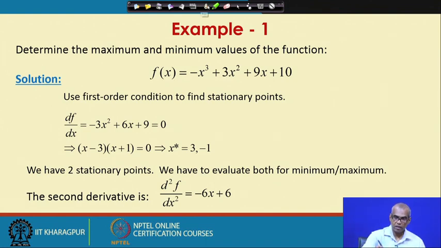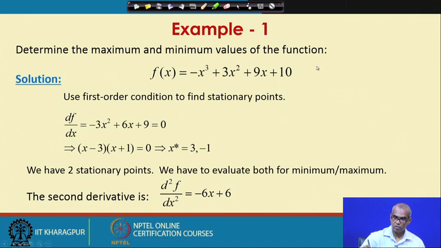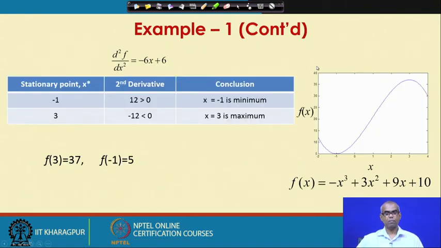So, if you take the second derivative, d square f dx square equal to minus 6 x plus 6. So, you have to evaluate this second derivative at x star equal to 3 and x star equal to minus 1. So, that is what we have done here.